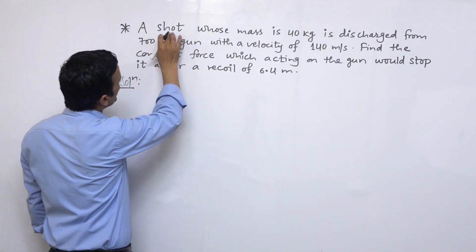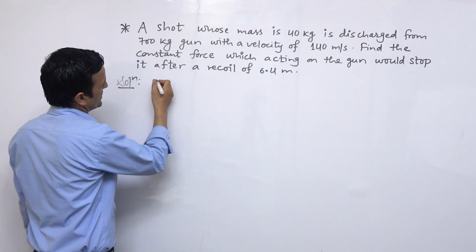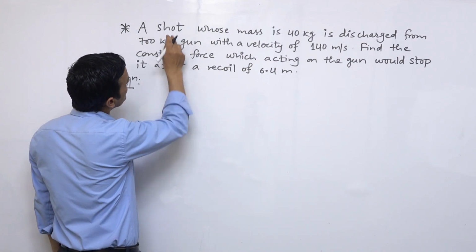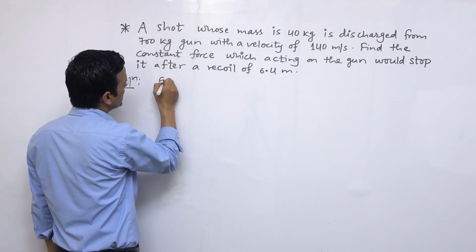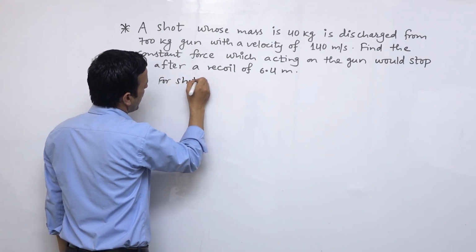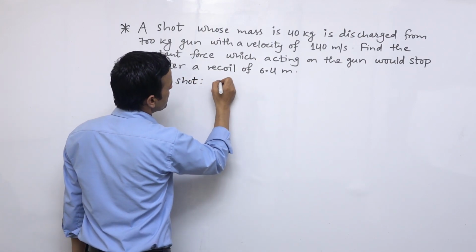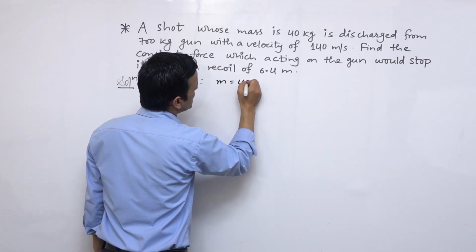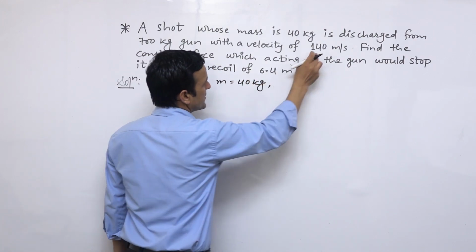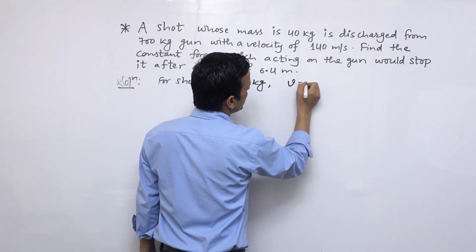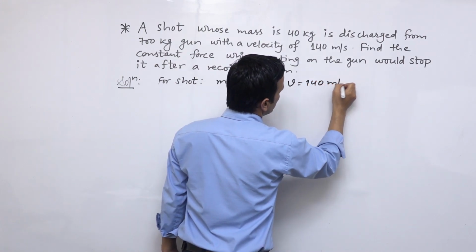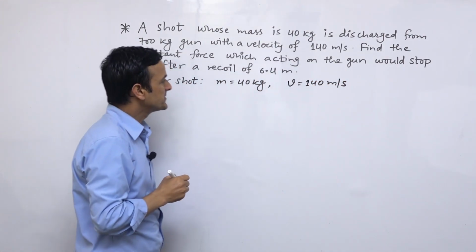Now we can see that momentum of shot, we can write down for shot. For shot को लागि mass is 40 kg and velocity is small v, that is 140 meter per second.